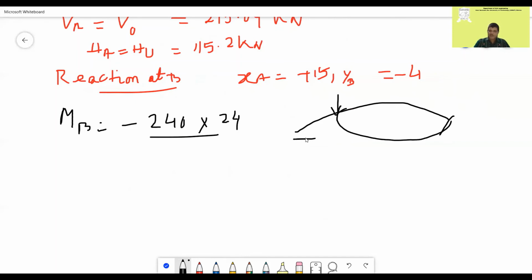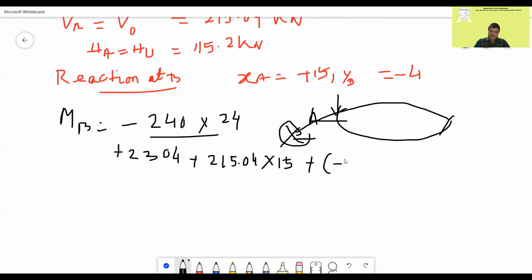We are coming from this side. There is no moment here, so M0 was 0 at A. Now at B, this will be minus 240 into 24, then plus M0, 2304, plus 215.04, the vertical reaction, multiplied by 15, minus HA, 115.2, into minus 4.